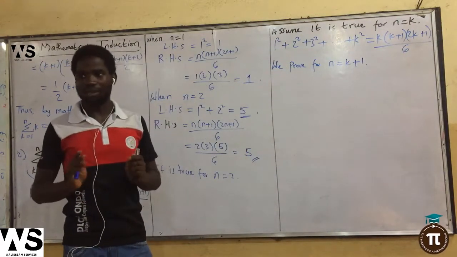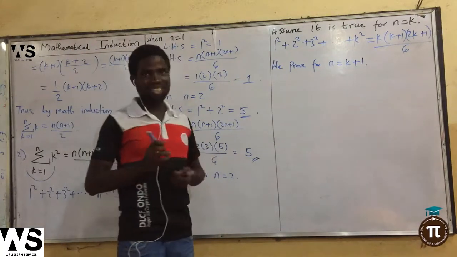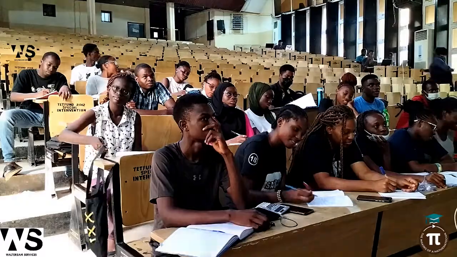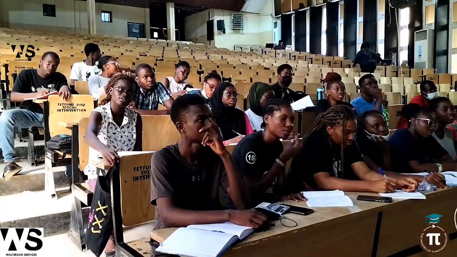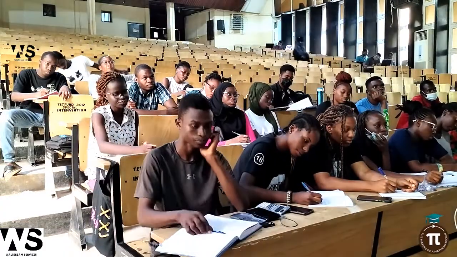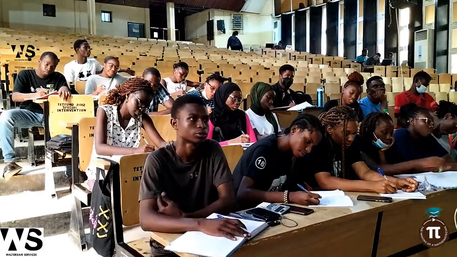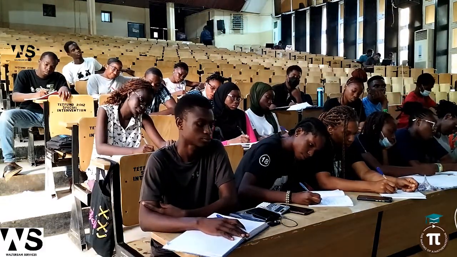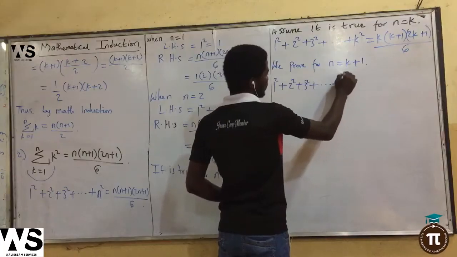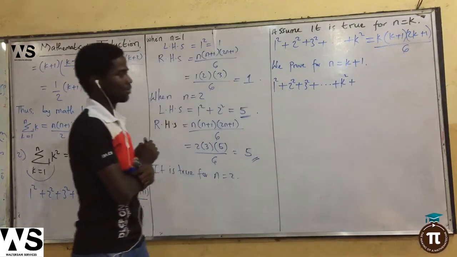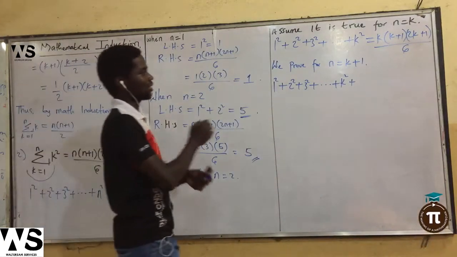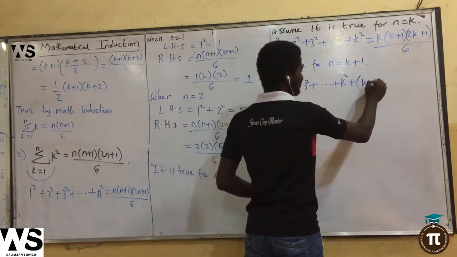k plus 1. So what does that mean? I will add k plus 1, isn't it? Don't forget, I will pass through k. It's no longer new, isn't it? I have 1 square plus 2 square plus 3 square, plus what now? k plus 1 all square.